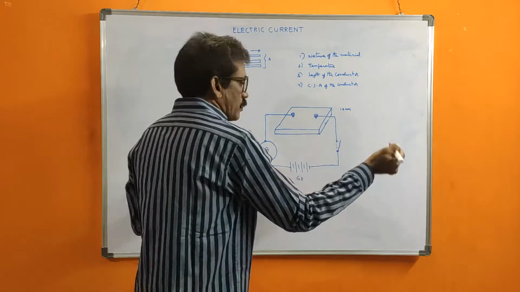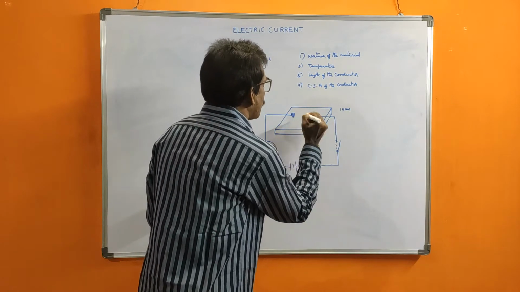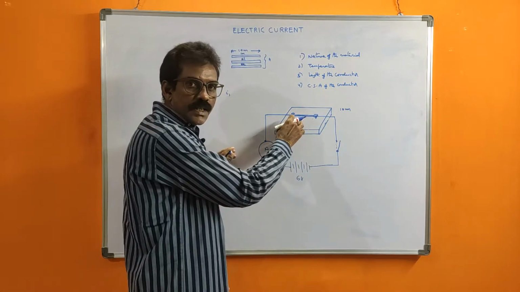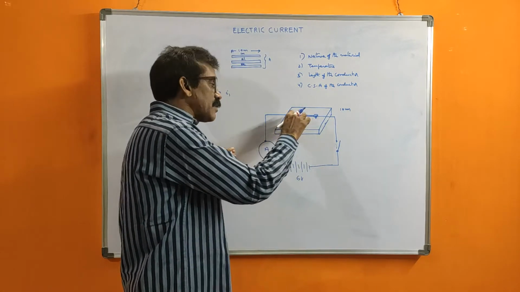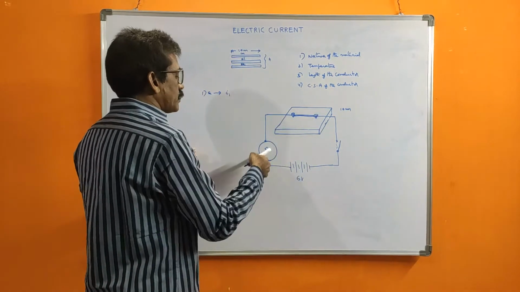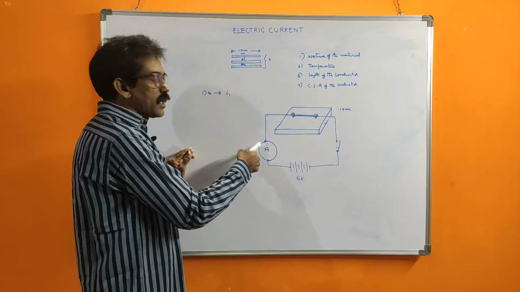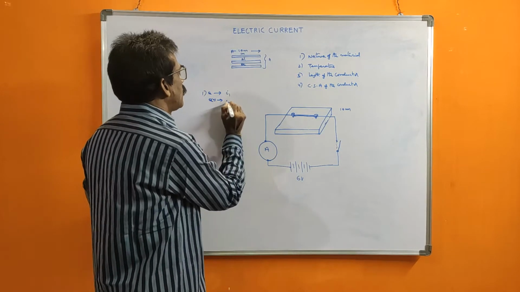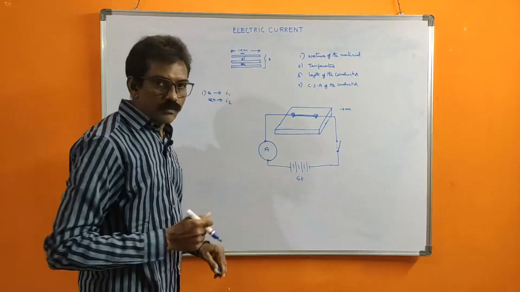Now touch the two ends of that conductor, same cross sectional area, same length and same material. Switch on and note down the reading of the ammeter. In the second case, temperature changed, and the reading is I2.